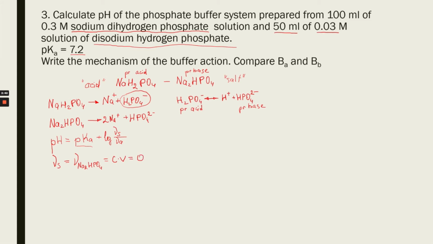Molar concentration 0.03 and the volume 50 milliliters, but we have to convert it to liters, so I write 10 power negative 3, and we will get the number 0.0015 moles.